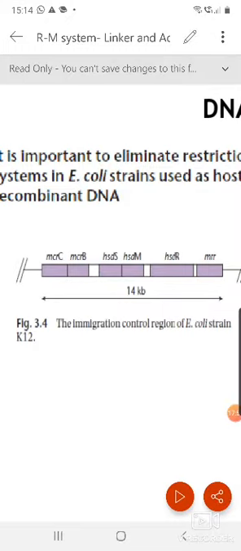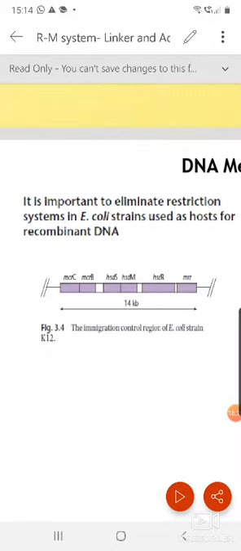You can see HSDS, HSDM, HSDR: recognition, modification, cut. R stands for cutting, S for specific recognition, and M stands for modification. And these are all other related genes which are required for the restriction and modification system.